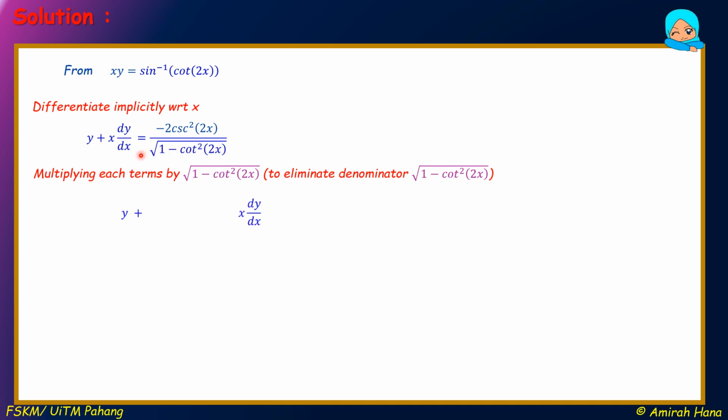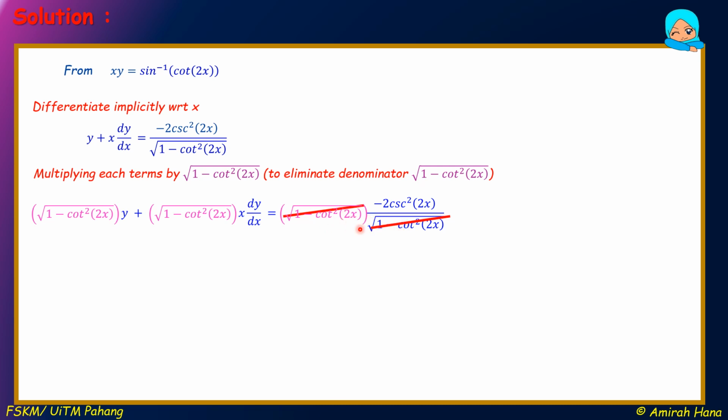From this row, this is the same function, and each term we multiply by square root of 1 minus cot squared 2x. After that, we can simplify the square root of 1 minus cot squared 2x.